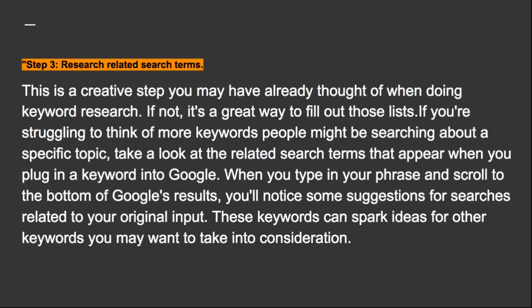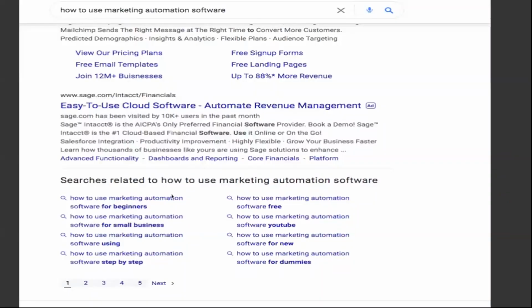So in essence, this is what I'm talking about, right? Let's say we're still talking about marketing automation software, and we want to write something about it, but we don't know what to write about. Probably we just have a writer's block. We're short of topics to write about. So the best thing we can do is go to Google and type in how to use marketing automation software.